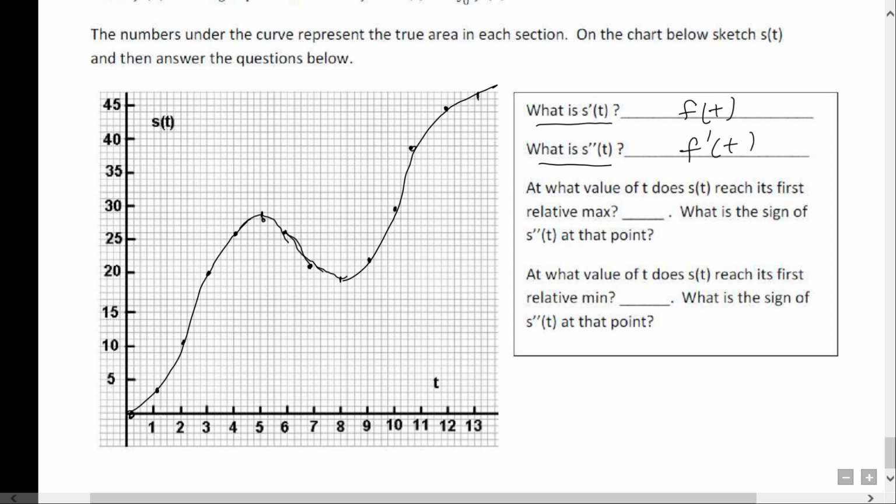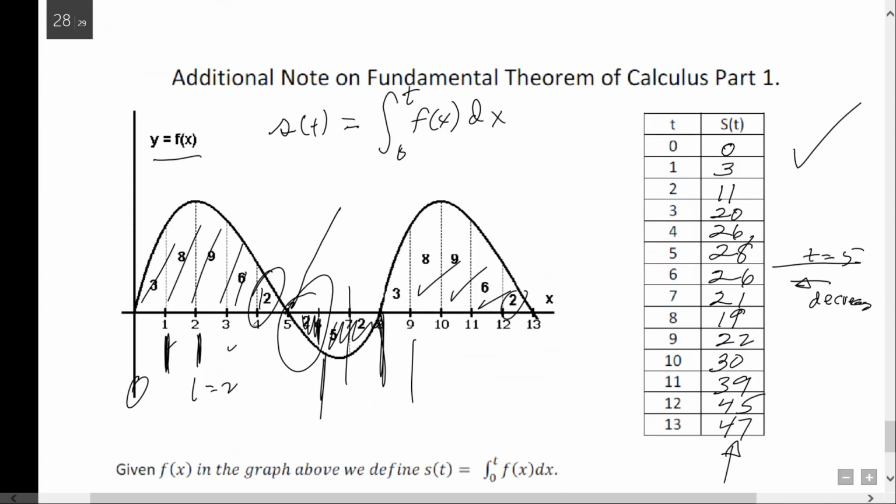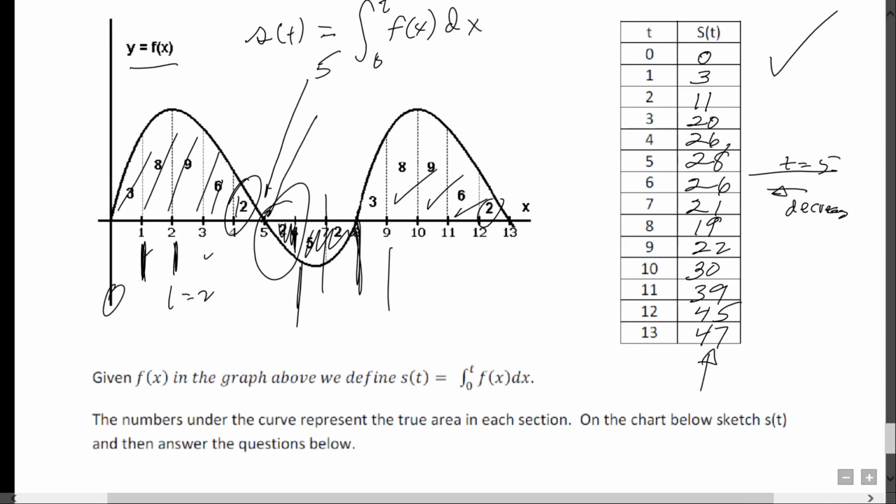And one question, at what value of t does f reach the first relative max? It turns out it happens to be at t equal to 5. And you can see why that is, because at t equal 5, when we integrated all the way to 5, it had picked up the most it was going to get, and then it started decreasing.